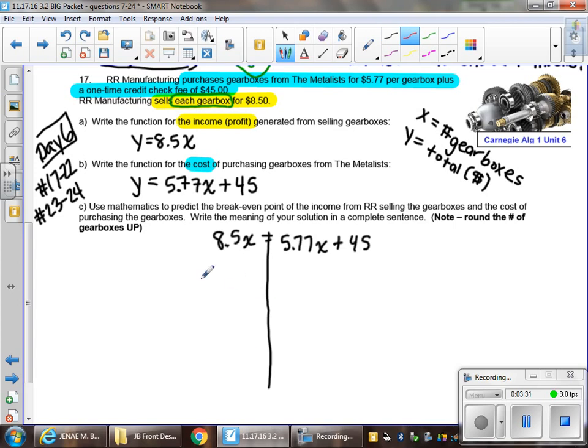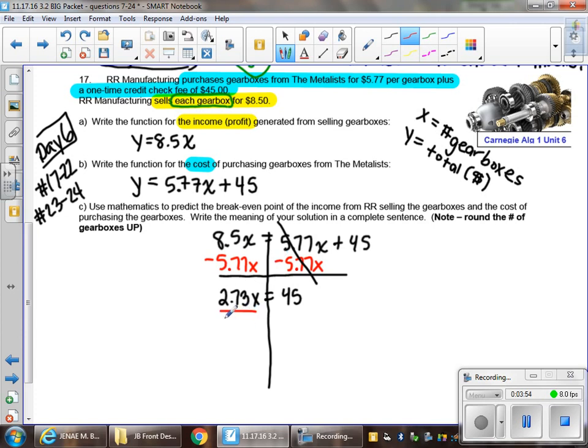So I will gather all of my x's to the left side by subtracting 5.77x from both sides. We do that and get 2.73x equals 45.